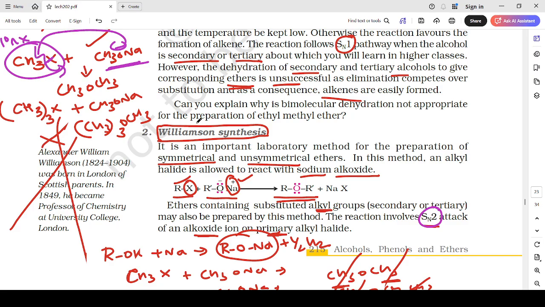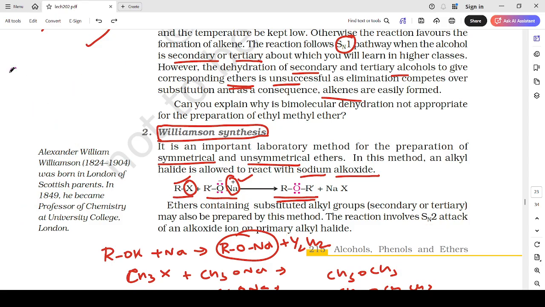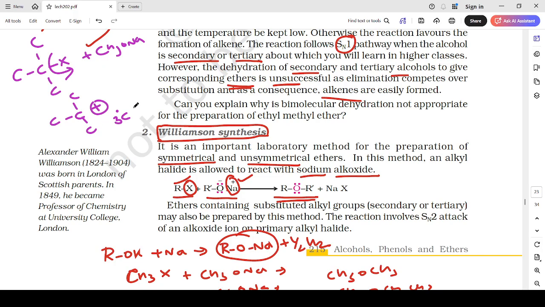One pathway. In case I'm having secondary alkyl halide or a tertiary alkyl halide, let me say, ma'am, I'm having (CH3)3CX plus CH3ONa. I'm treating with CH3ONa. Here, if I'm eliminating this X, I'm able to generate a tertiary carbonium ion.